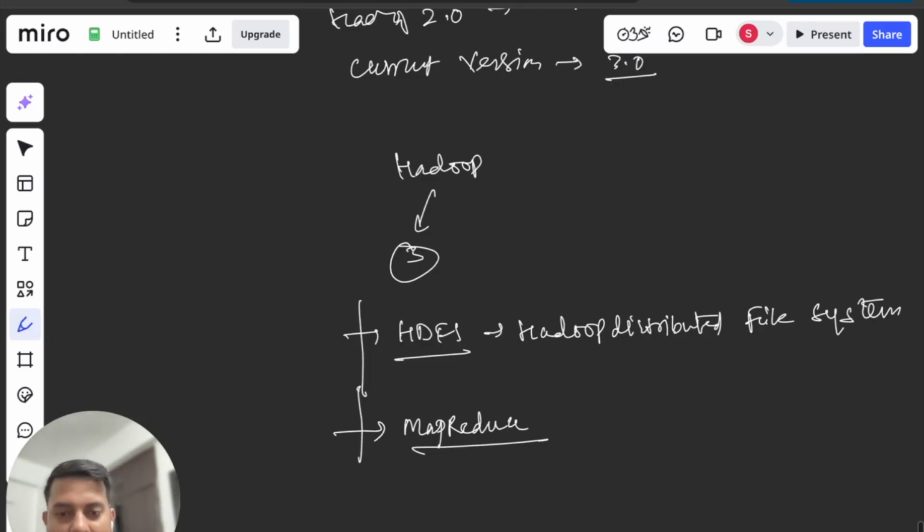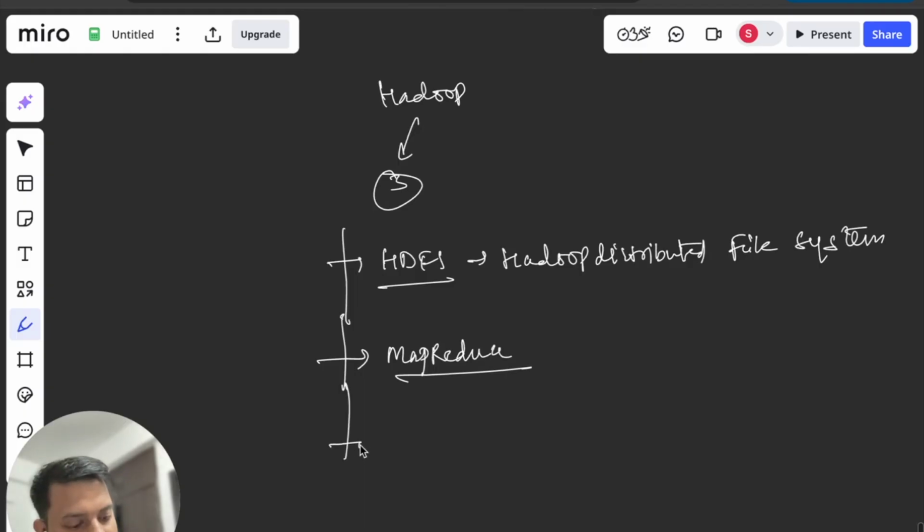The next component is Yarn. Yarn is a resource manager that negotiates for the resources to allocate for the processes. It is responsible for allocating the processes to the nodes.